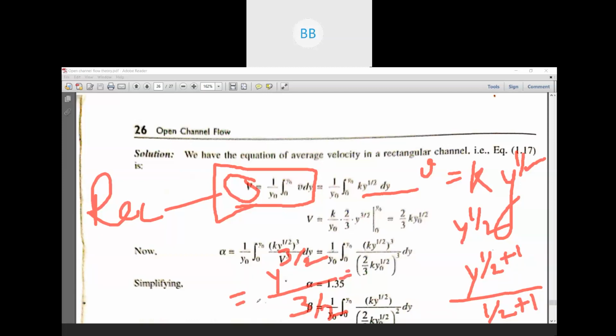So again, if you bring it out, it will be 2 by 3 times y to the power 3 by 2. Then we will have the limit, that is 0 to y naught. That's what they have done. k is a constant.